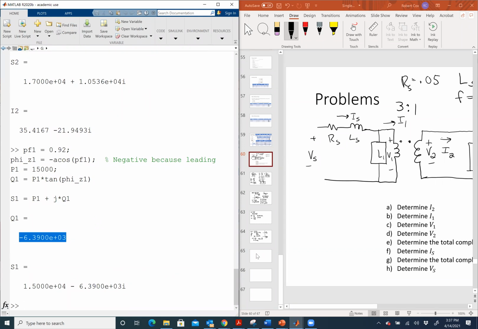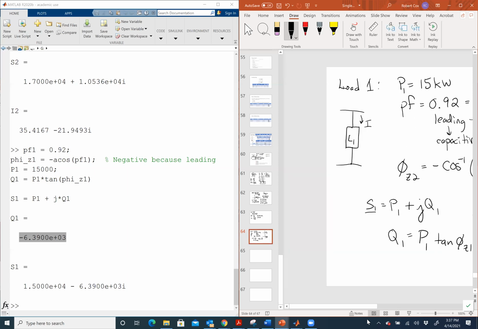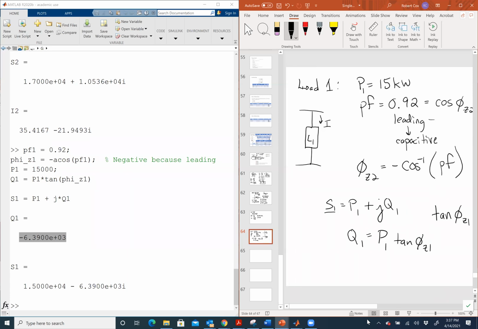So the fact that it's negative means what? What does it mean to have a negative power of some kind? Supplying or source. It's supplying it. All right, capacitors supply reactive power, and that is a true statement. So basically my S1 vector is the 15 kW. What would I say about my Q there?